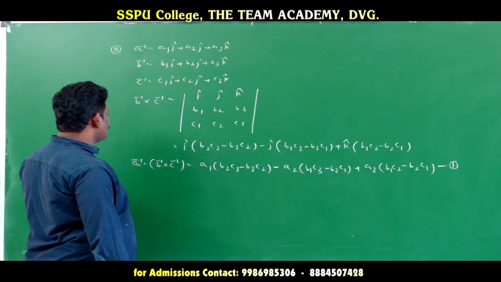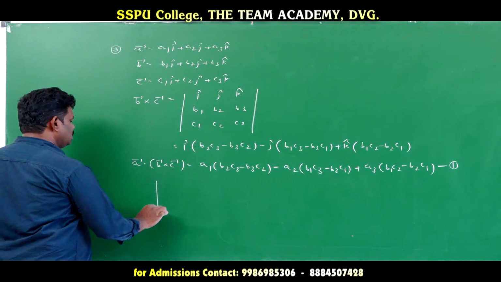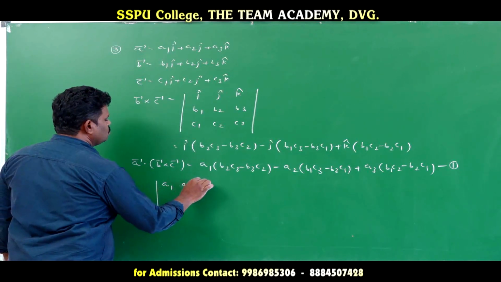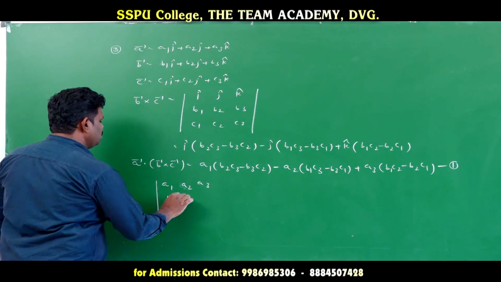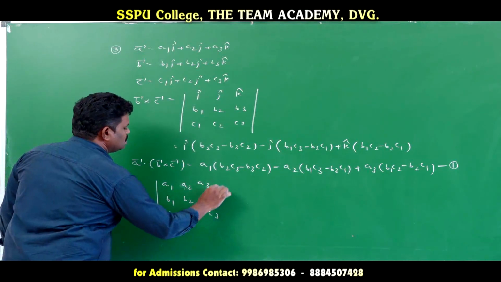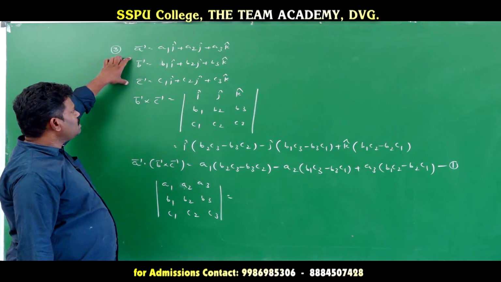Now directly I consider this the determinant of three vectors, that is the determinant of A1 A2 A3, next B1 B2 B3, next C1 C2 C3. Okay, I directly took this determinant of three vectors.